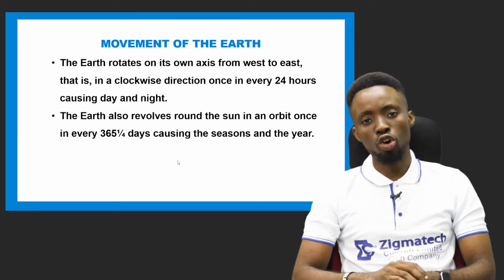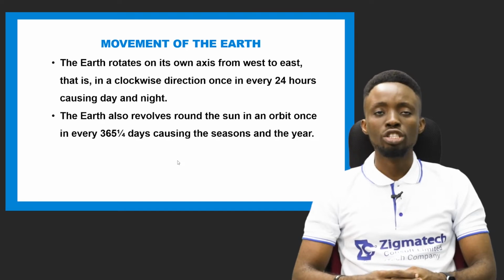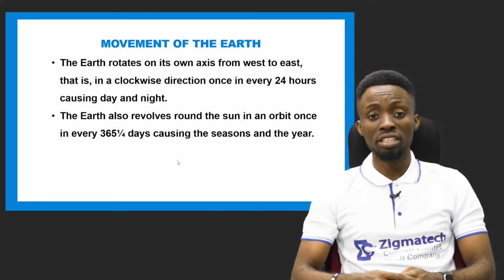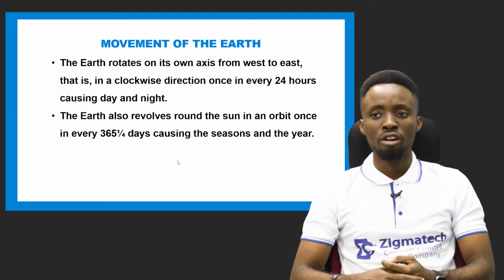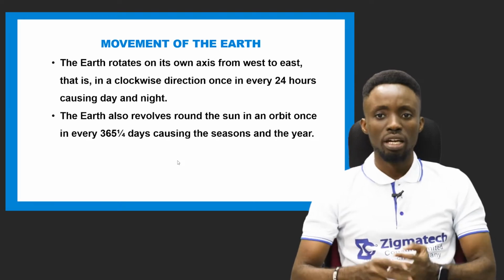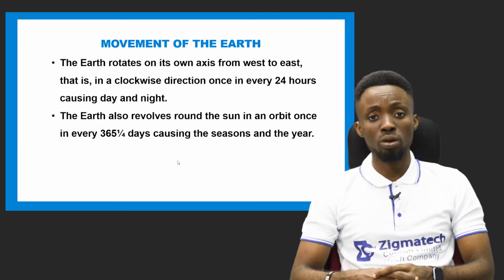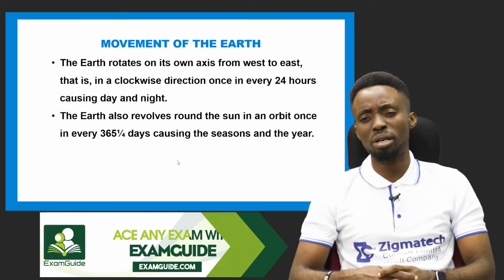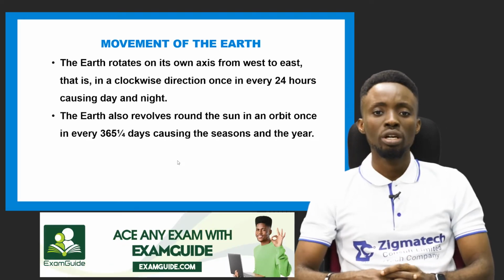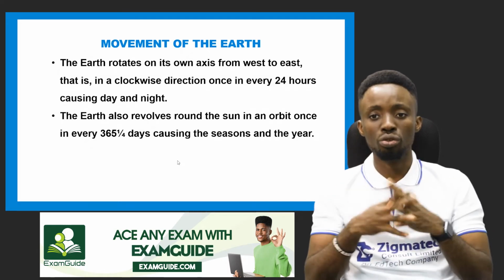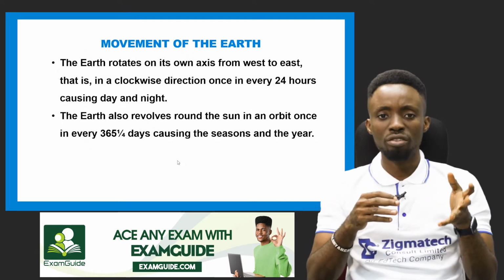The first one is called rotation, and the second one is called revolution. Rotation is when the Earth rotates on its own axis from west to east, and it brings about day and night. A single rotation of the Earth takes about 24 hours. So the rotation of the Earth is like a day. Then we'll talk about revolution.